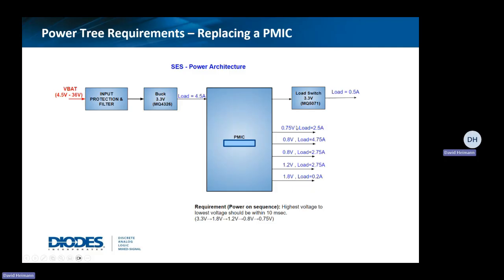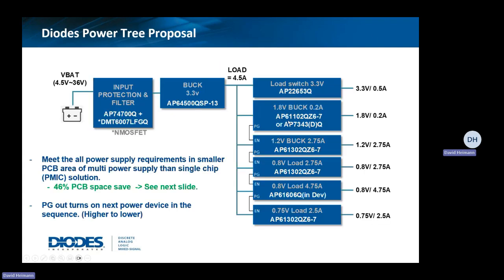So they approached us and had us come up with an equivalent design for this, and basically, this is what we did for them. We came up with this power tree to replace that PMIC. We handled the sequencing the way that I was talking about, using power good to enable all these supplies to cascade as they're coming up.